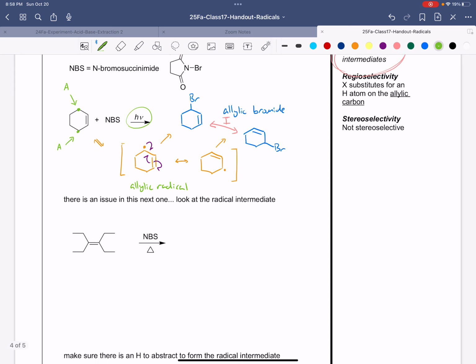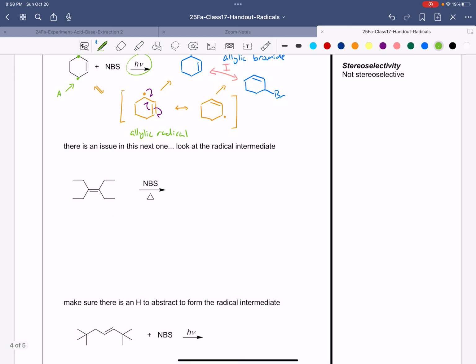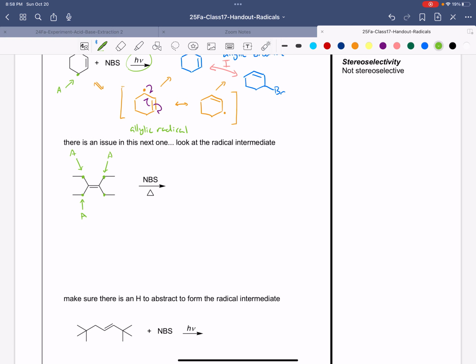In the next example, we have heat, and go ahead and use my tricks. We have 4 allylic carbons, but again, because of symmetry, no matter where you put the initial radical, these will all result in the same product.